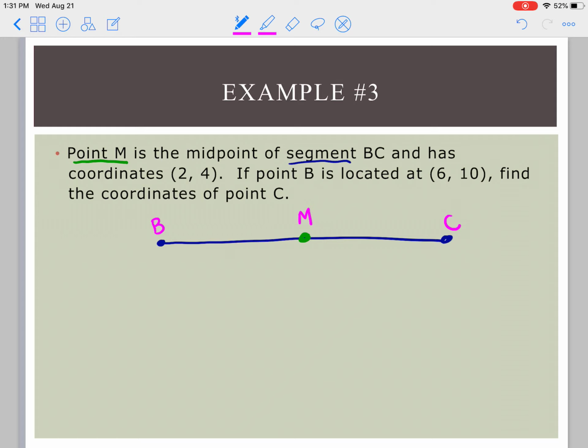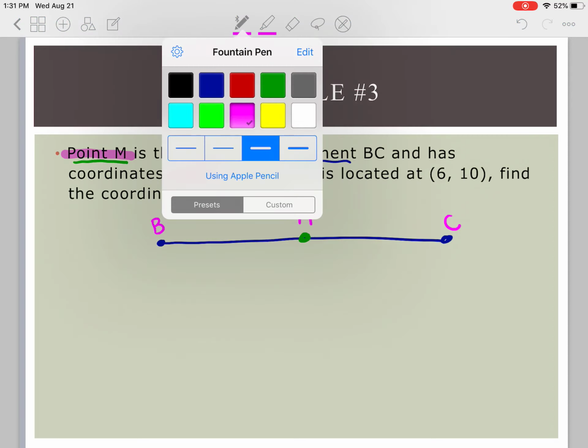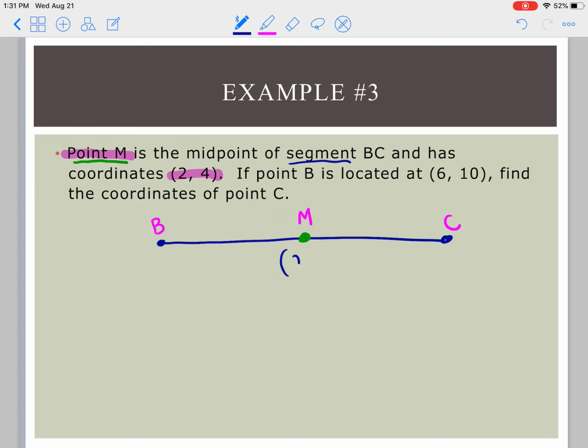So there's point M, and it has coordinates of 2, 4. So my coordinate of M is 2, 4.